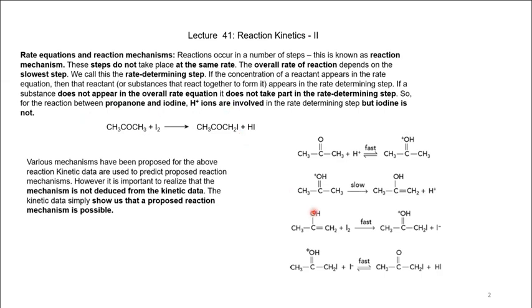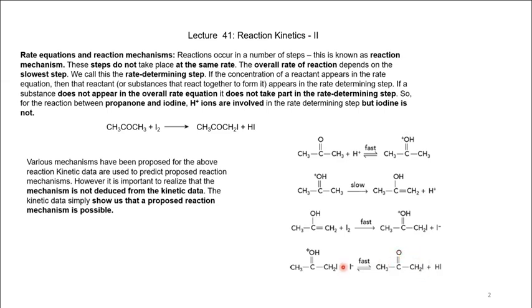This reaction further goes like this: we take the product and react it with iodine, and that is a fast reaction again. And this one will give this ion and iodide ion. And then this ion reacts again with iodide ion, a very fast reaction, and the end product is this.